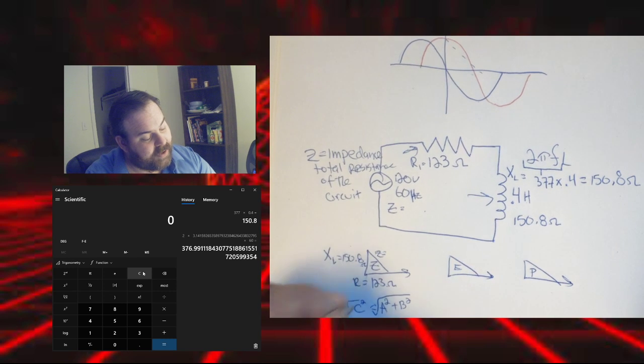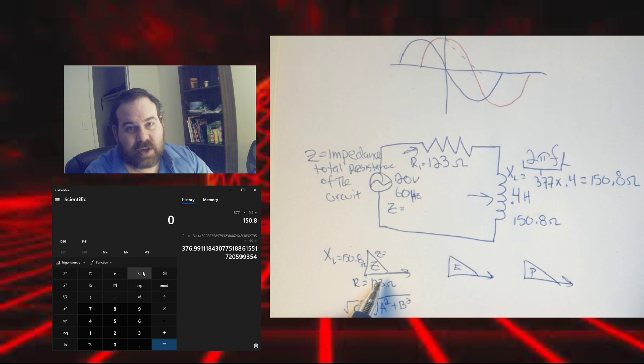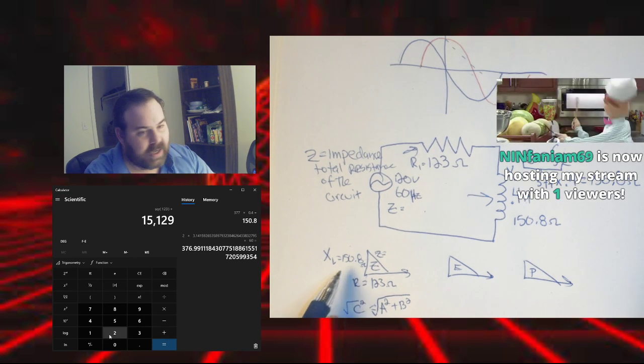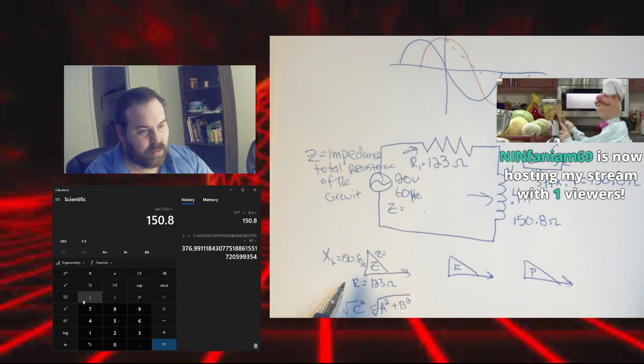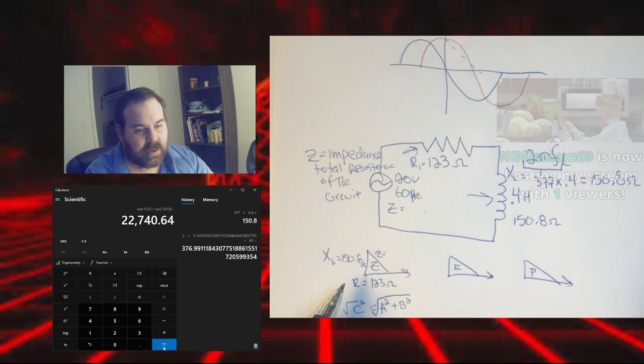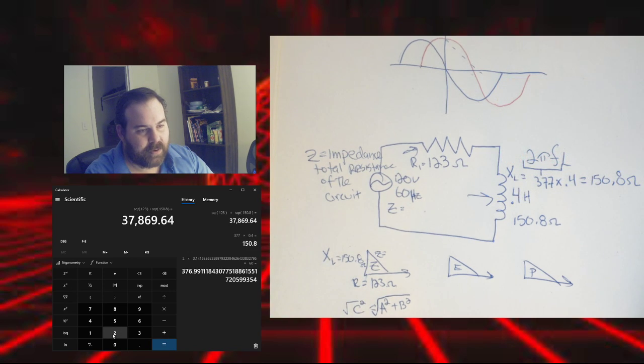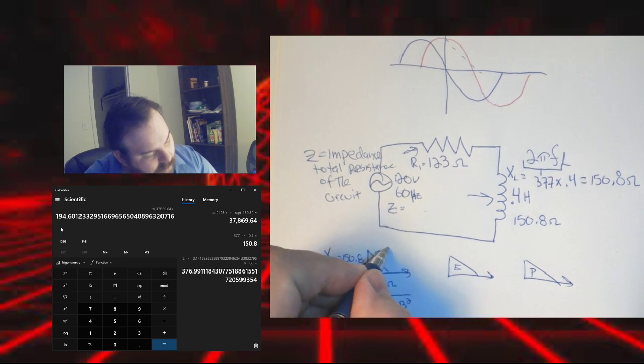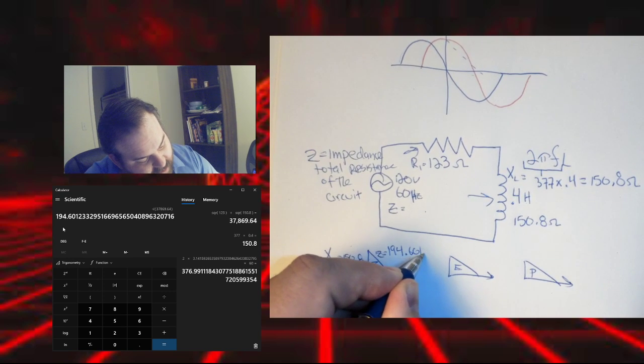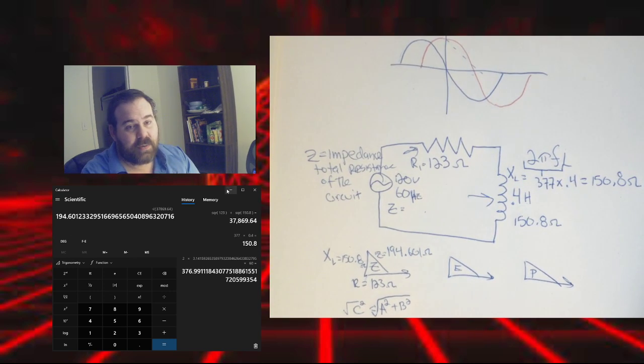So this is A, that's B. The long side is always C. So we're going to take 123, square that, plus 150.8, square that, and it equals this large number. Then we take the square root of that number: 194.601 ohms. This is all resistance, so that's our ohmic value.